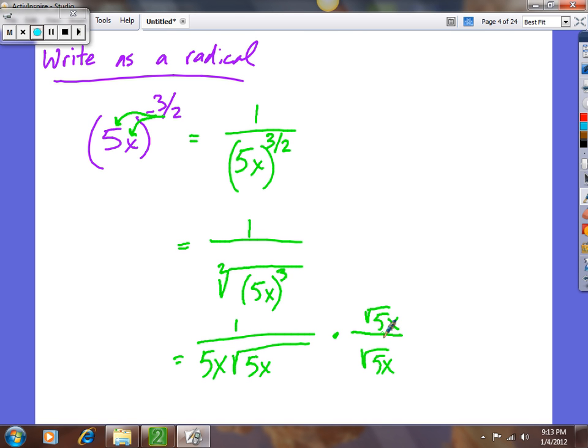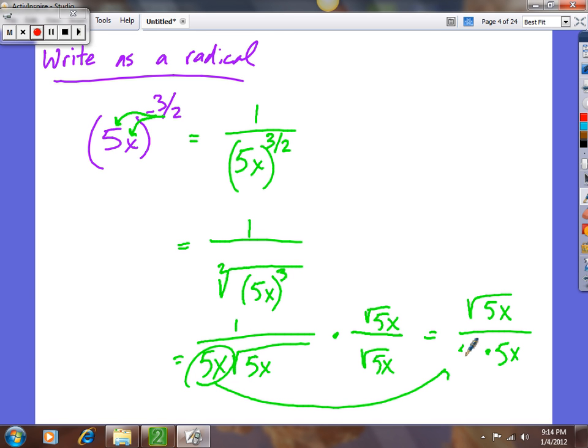On the top, 1 times the square root of 5x is just square root of 5x. On the bottom, square root of 5x times the square root of 5x is just going to be 5x times this 5x here. So I'm going to have 5x times 5x.